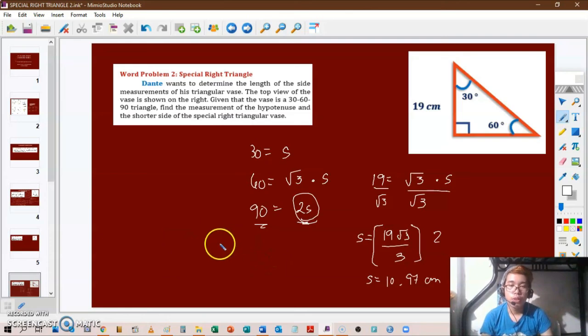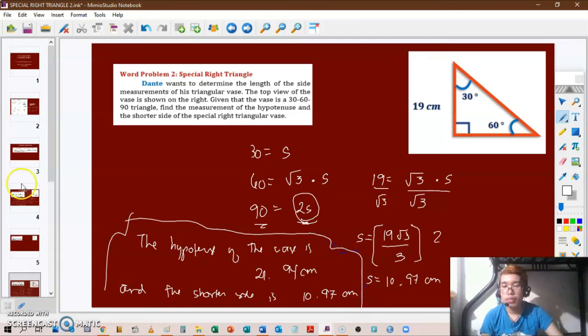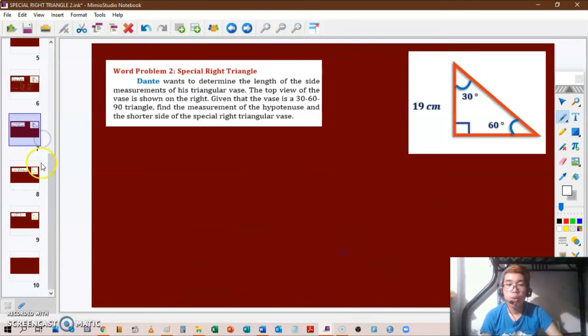Okay, so therefore the hypotenuse of the vase is 21.94 centimeters, and the shorter side is 10.97 centimeters. Okay, so there you go. That's the answer. Okay, so let's try some more problems.